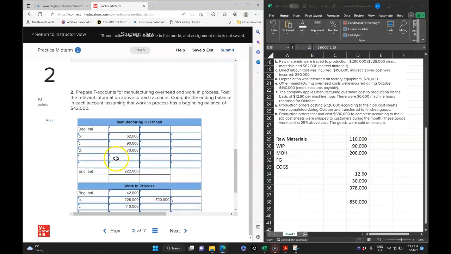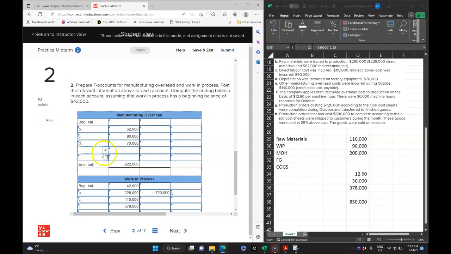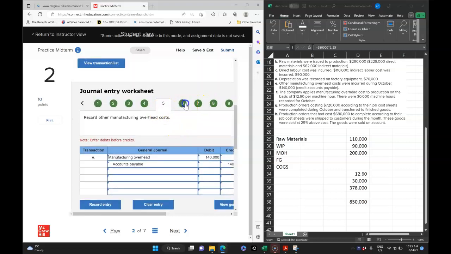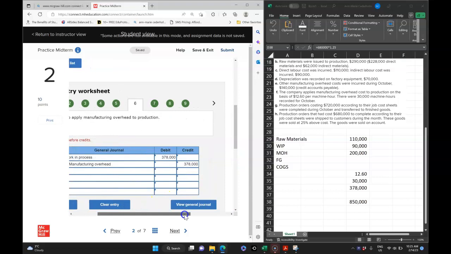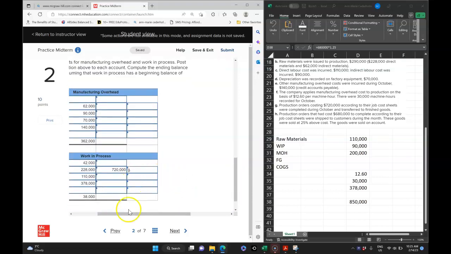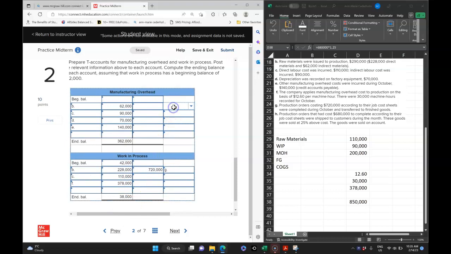E, manufacturing overhead for 140,000. And then F is our applied overhead, so that's a credit of 378. So right now we have a credit balance in our manufacturing overhead account of 16,000.